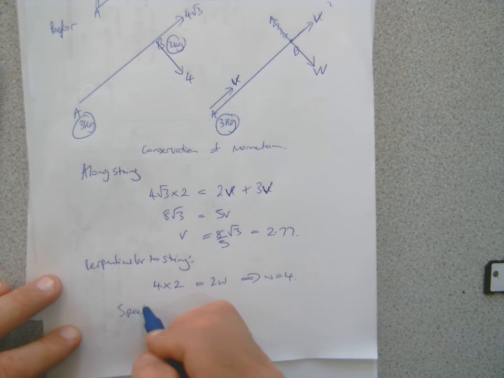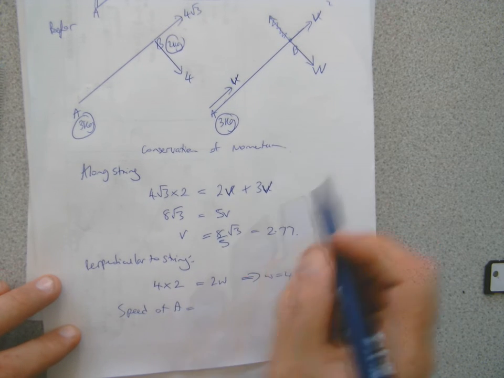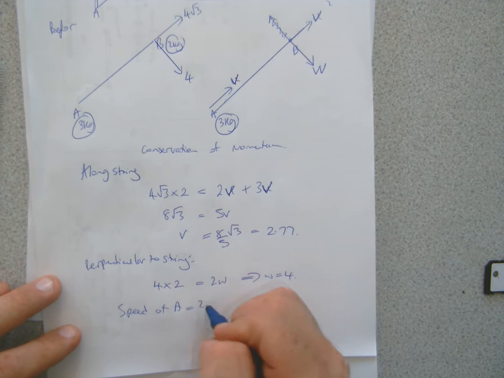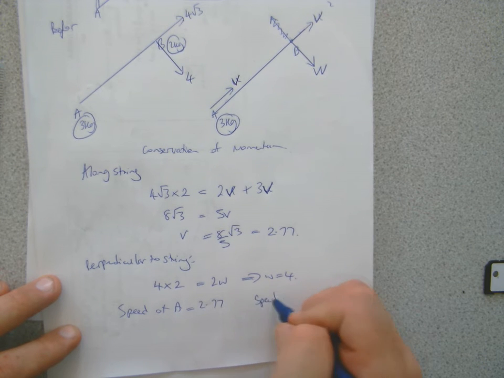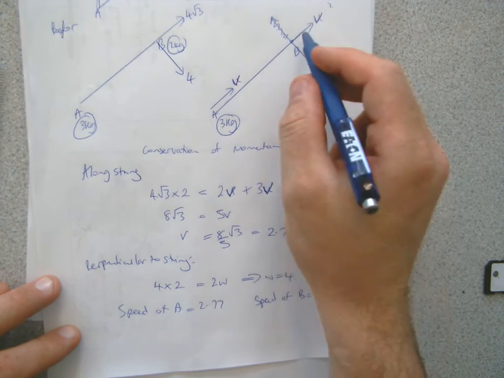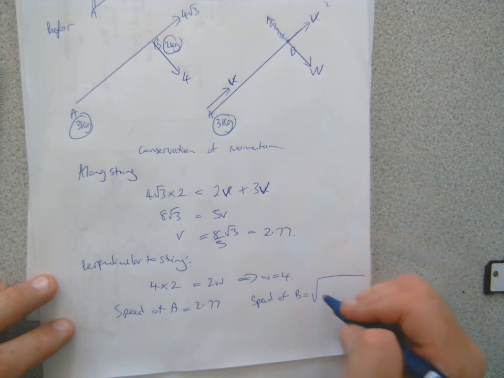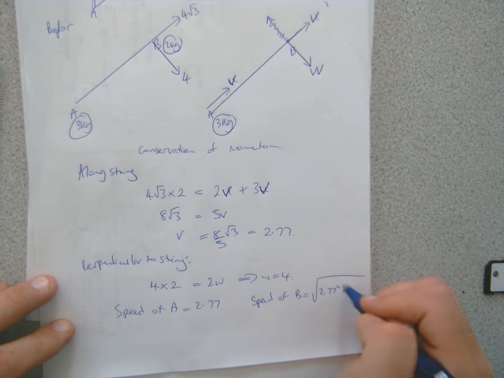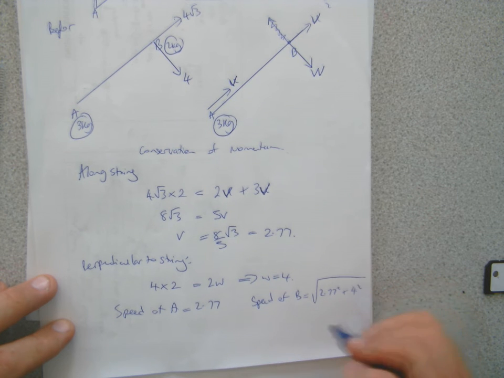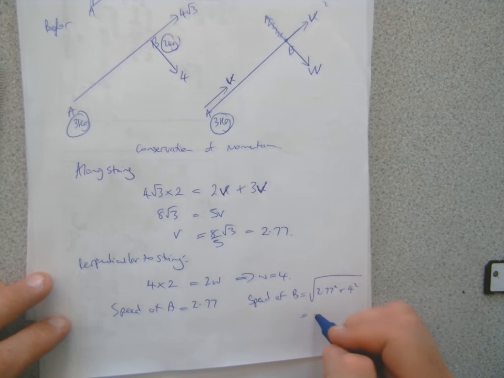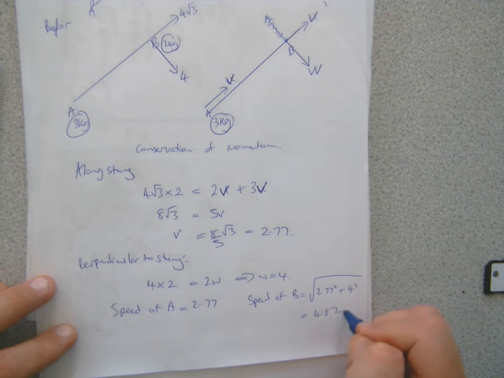Now the speed of A is easy. Speed of A is just going to equal 2.77. Speed of B will equal, you've got to use Pythag, square 2.77 plus the perpendicular component 4 squared. That works out to be 4.87 meters per second.